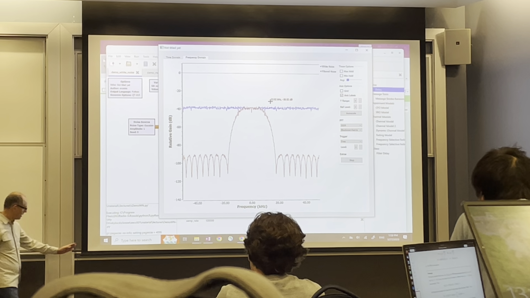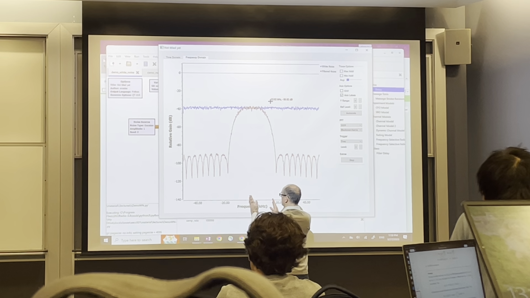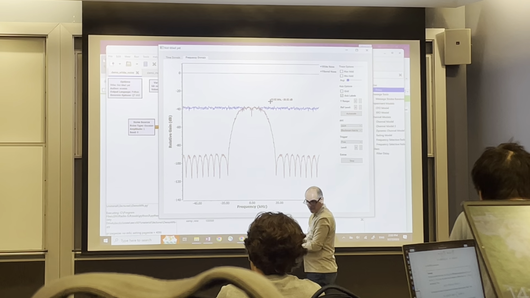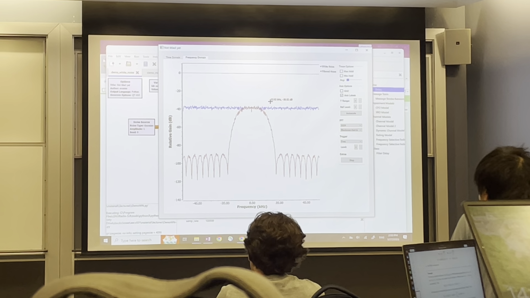You see why? All frequencies around 0, negative or positive, you don't have to worry about the negative side, are more or less undistorted, but all these are suppressed. So that's what a colored noise looks like. Okay, this is a colored noise. Questions?